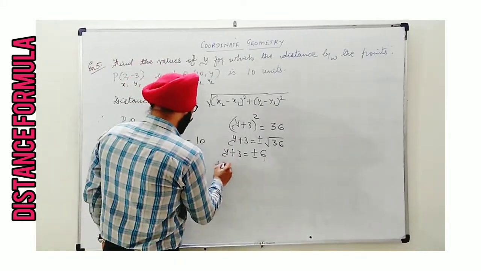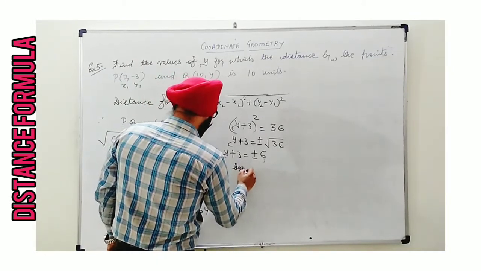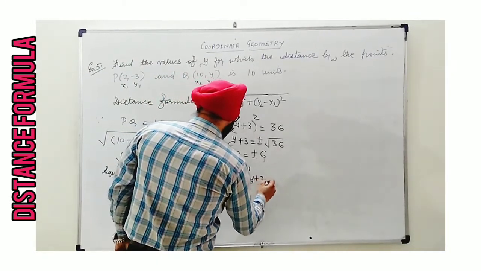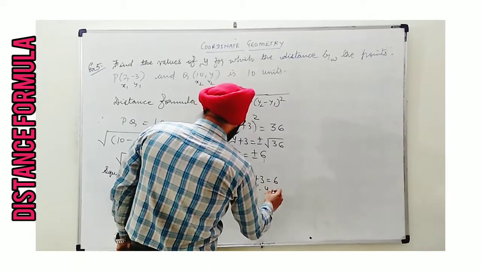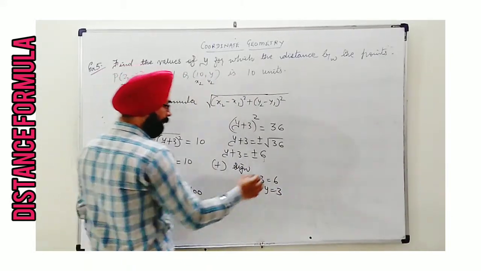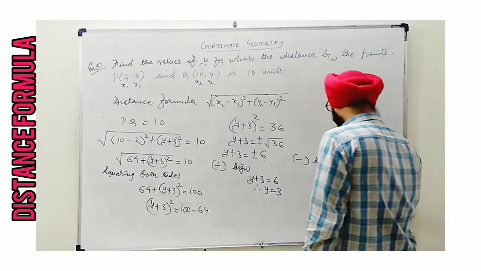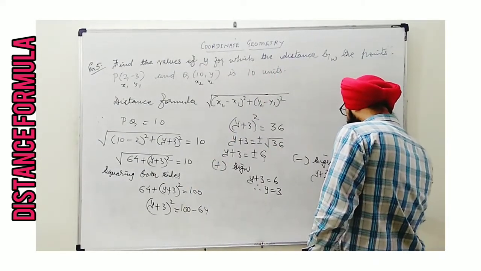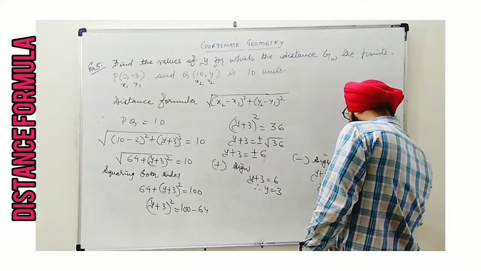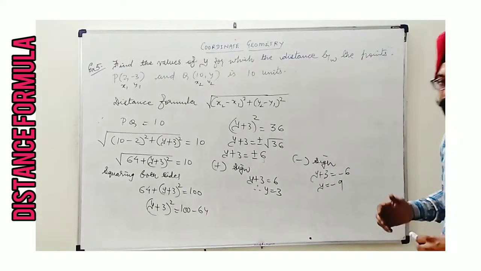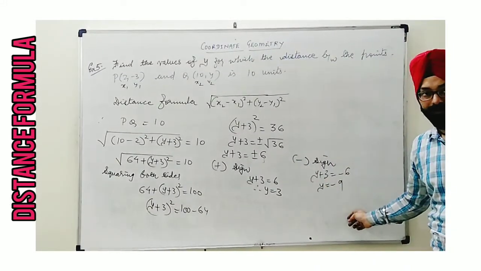If I take plus sign, y plus 3 is 6, therefore y is 3. If I take minus sign, then y plus 3 is minus 6, so y comes minus 9. So possible values of y are 3 and minus 9.